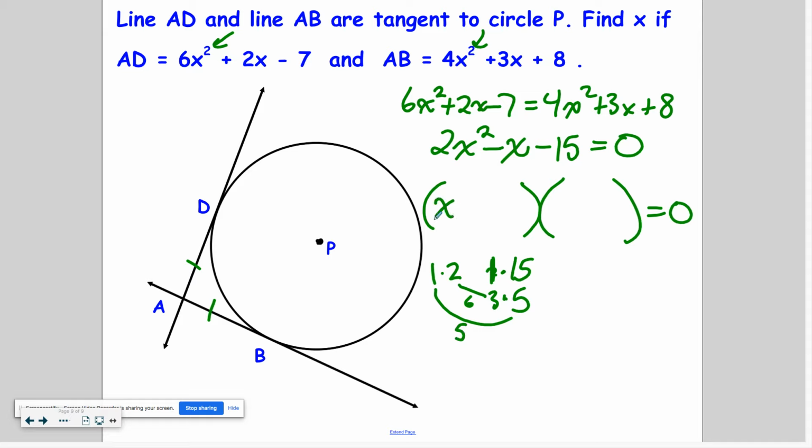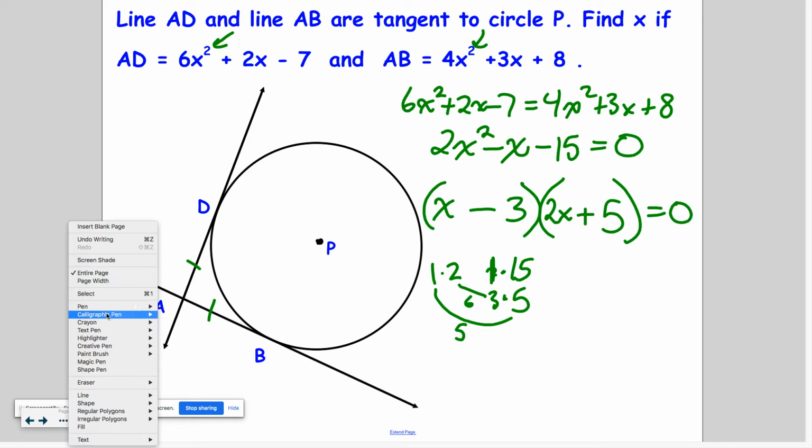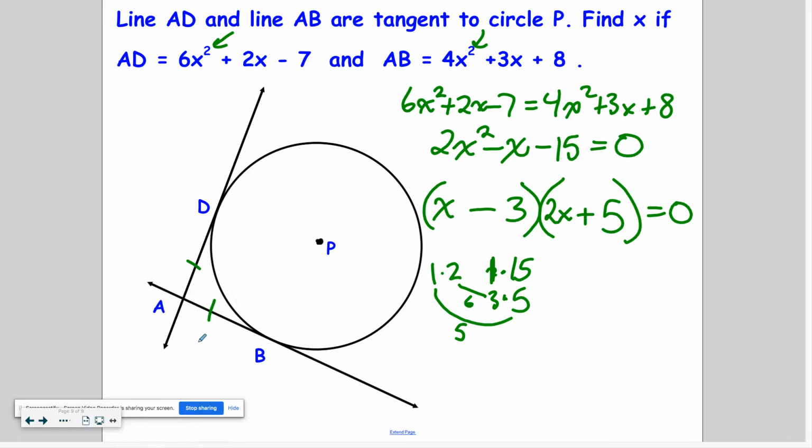So let me go with x and 2x. I want the 2 times the 3, so the 3 actually goes over here. And I want that to be negative so that I end up with a -6x when I do the FOIL method. And then I want my other number to be a positive 5, because we need those to multiply out. Let me get a different color so I can point some things out.